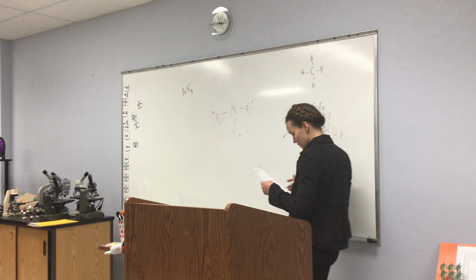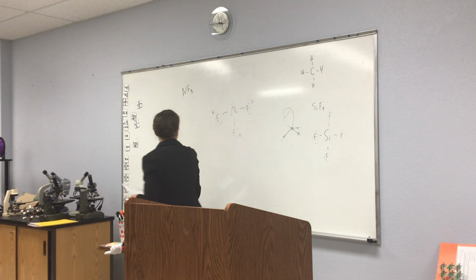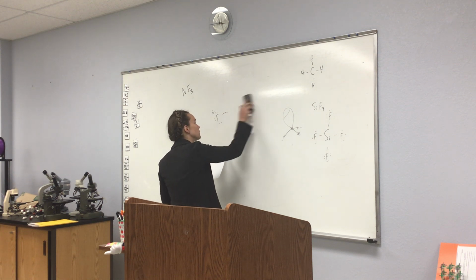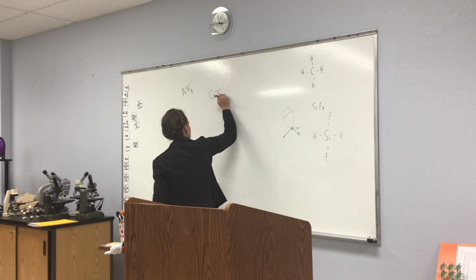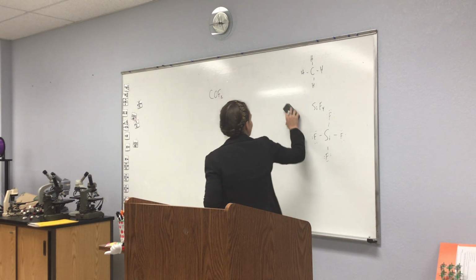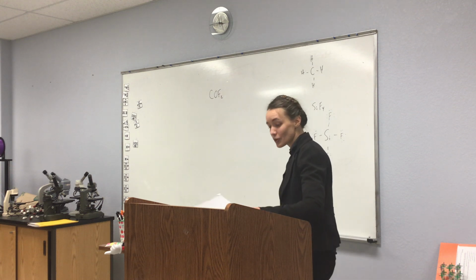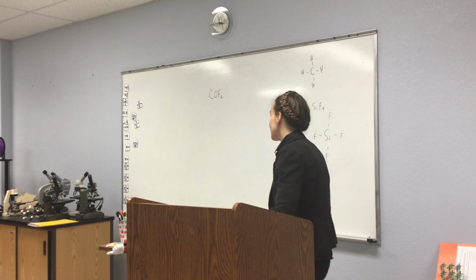How about COF2? This looks like a fun one to figure out the Lewis structure for, right? Who do you think is going to be in the center, C, O, or F? C, least electronegative.